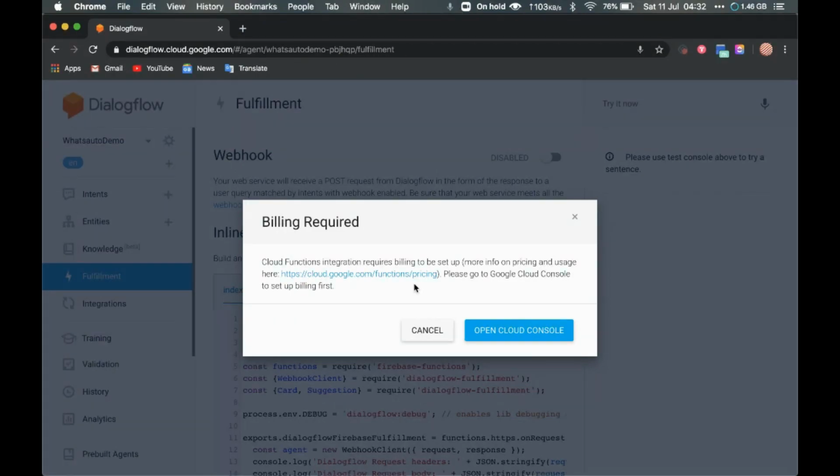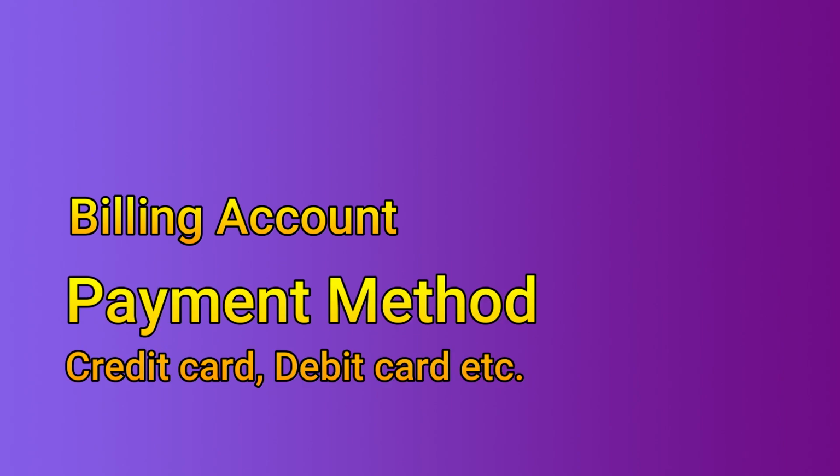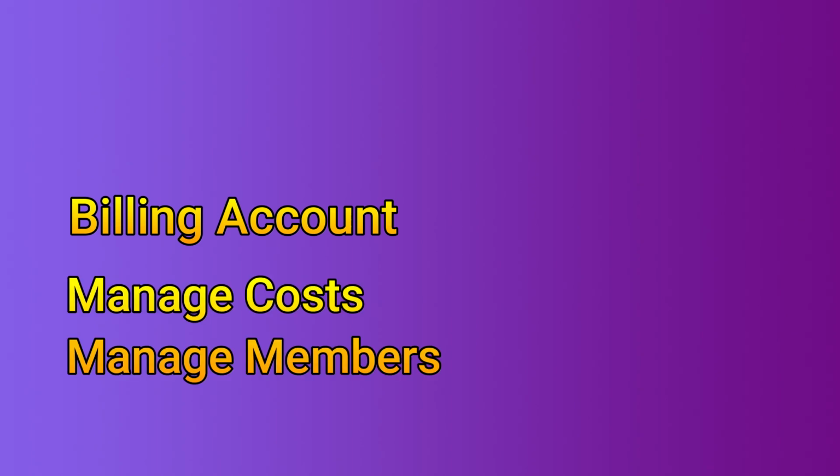Basically, a billing account is the way in which Google manages payments. They ask you to create a billing account, and each billing account has a payment method. So you add your credit card or debit card to your billing account, and they charge your card when the free usage limit is exceeded. A billing account is basically to manage your cost.